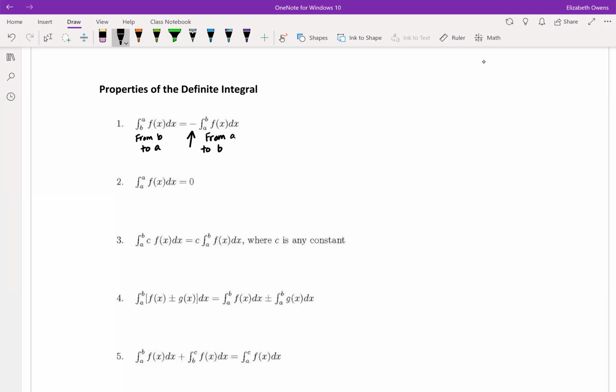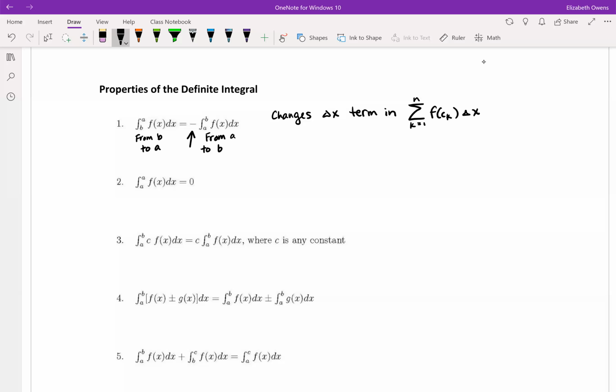So going from b to a rather than from a to b, you need to throw this negative out front. The reasoning is that changing the order of our limits changes the delta x term in our Riemann sum, the sum from k equals 1 to n of f of c sub k delta x.